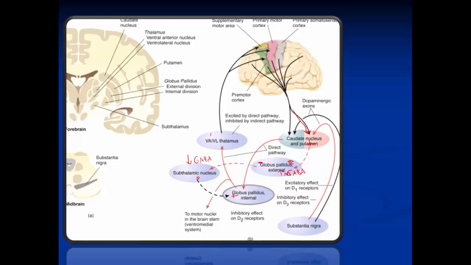So what's going to happen here? I've increased GABA. What's that going to do? It's going to decrease activity. Okay, so if I reduce activity in these pathways, that's going to reduce movement. Okay, so indirect equals decreased movement.